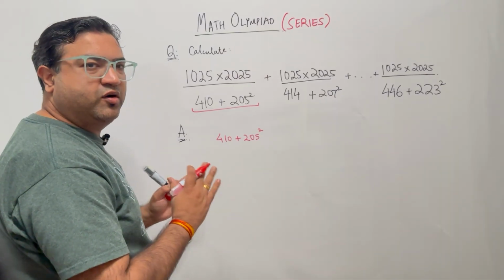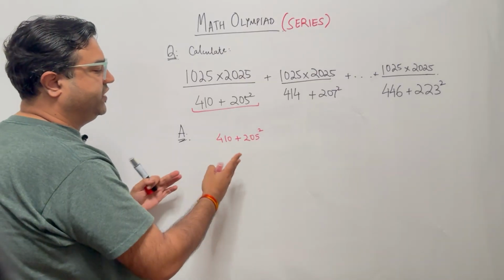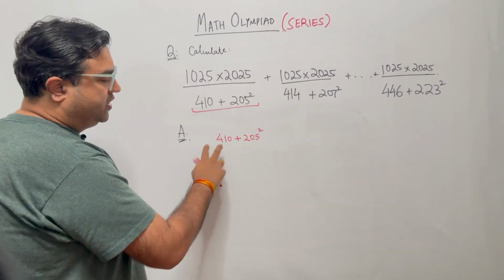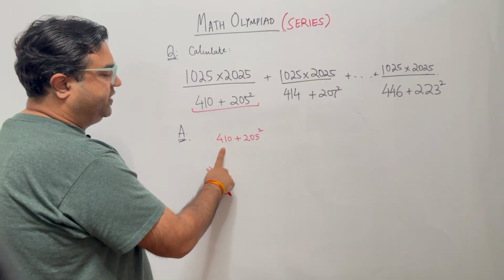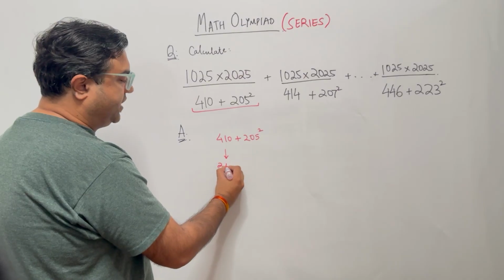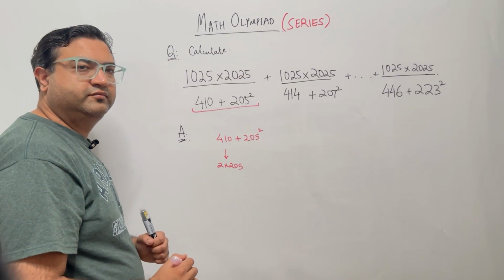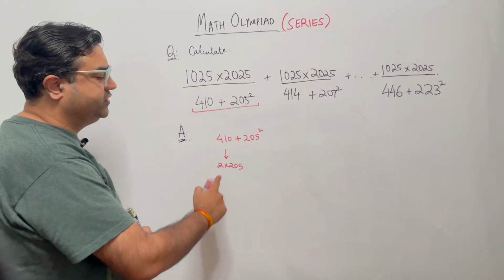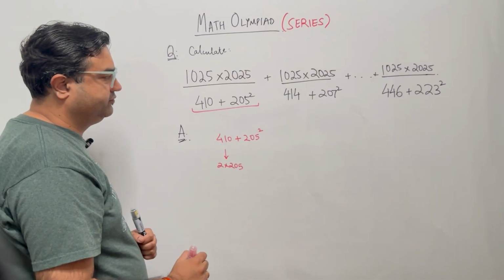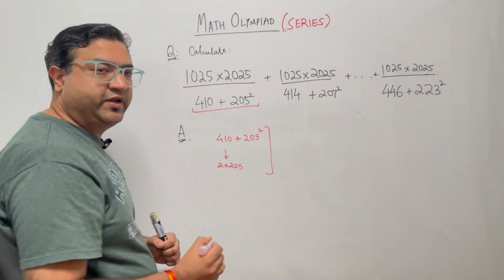We have to find how this 410 and 205 can factor out. One thing that we can identify is that 410 is 2 times 205. Can you see this? If you can, then that's very good.